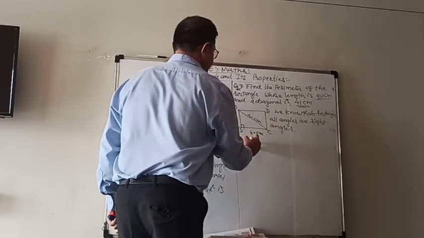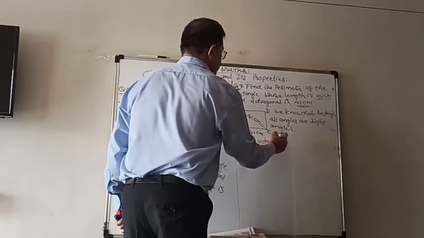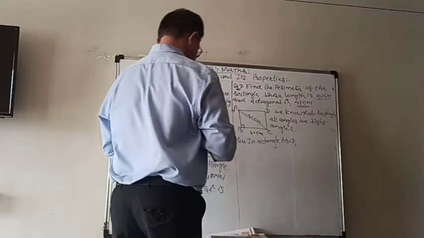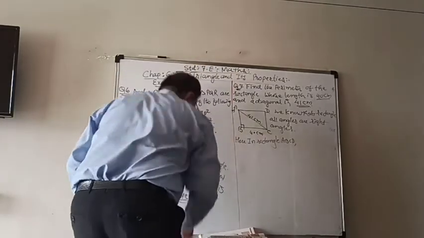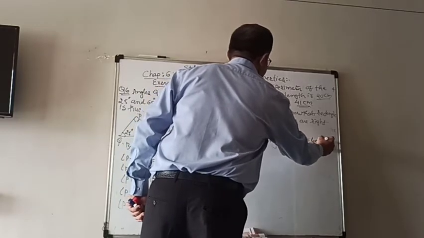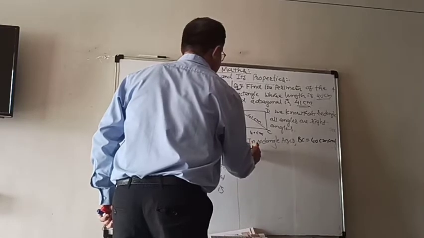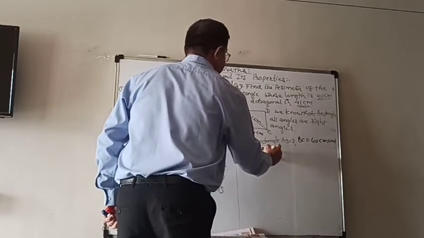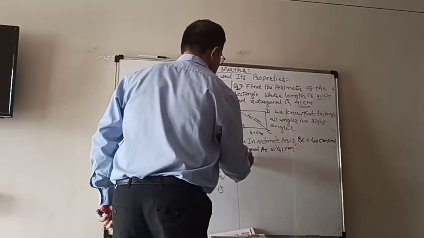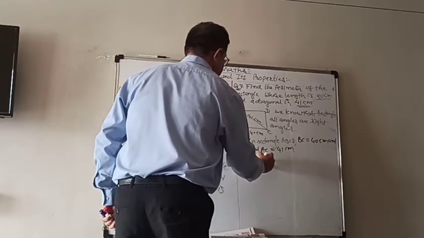So here in rectangle ABCD, BC is equal to 40 centimeter and diagonal AC is equal to 41 centimeter. Angle B is equal to 90 in triangle ABC.